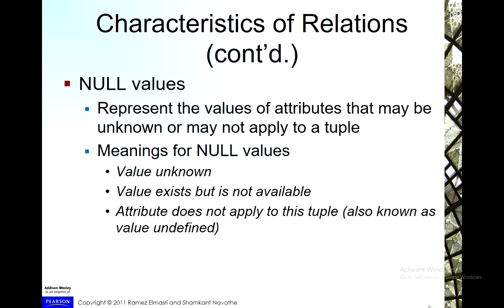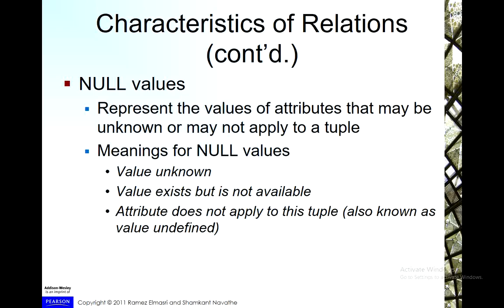A null value is a value that is not known, not available, or does not exist, but should be represented by the term null. 0 is not a null. 0 is a number, but a null is a value that is represented by null, which also might create some problems in database implementation.